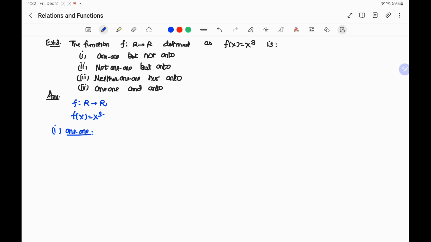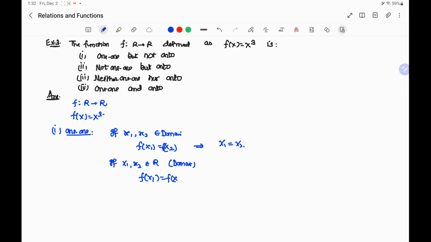We take the procedure that if x1 and x2 belong to the domain and their function values are equal, this implies that for the function to be 1-1, x1 should equal x2. So for the given function, if we take two values x1 and x2 belonging to the set of real numbers in the domain, f(x1) is equal to f(x2).